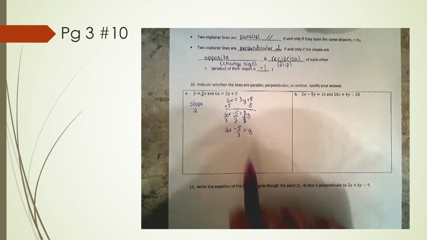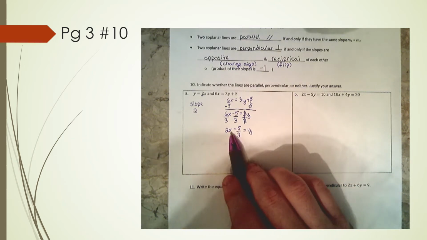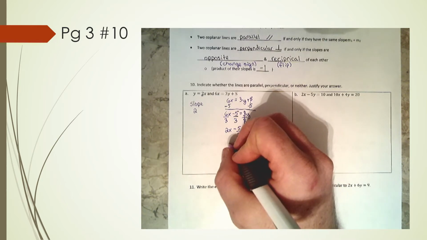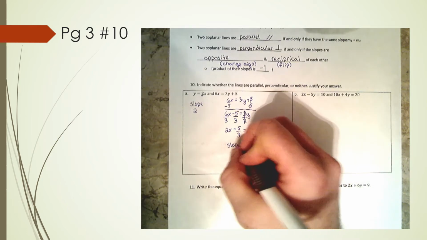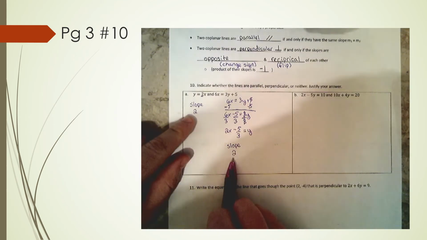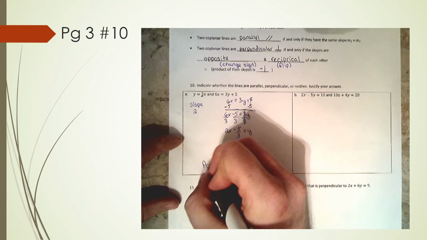So now it's in that slope-intercept form, y equals mx plus b, and the m, which is 2, is our slope. So the slope in this one is 2. Since they are the same, they are parallel.